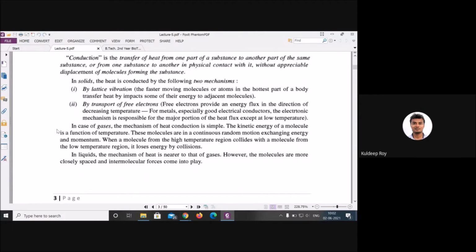Now what will happen in gases? In the case of gases, the mechanism of heat conduction is very simple. Kinetic energy of the molecule is a function of temperature. Kinetic energy, what does that mean?